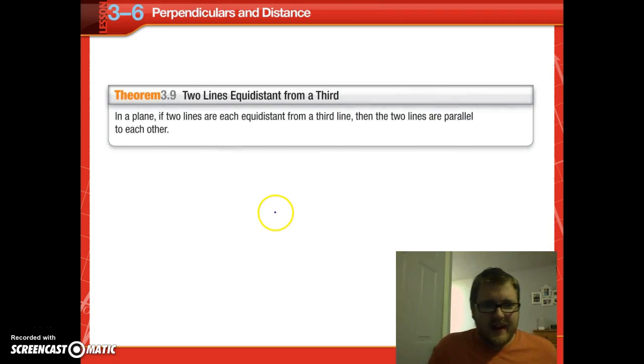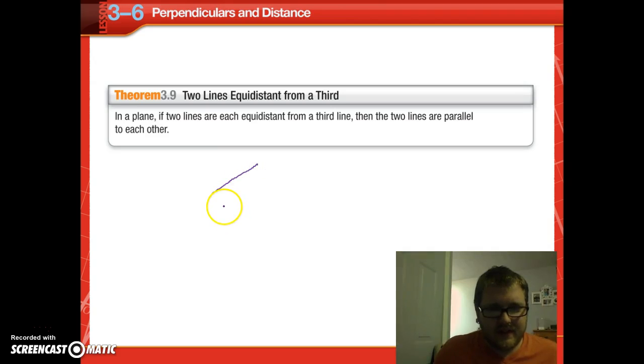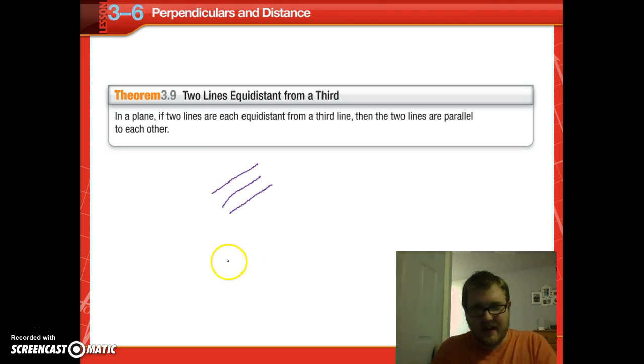So Theorem 3.9 tells us in a plane, if two lines are each equidistant from a third line, then the two lines are parallel. So if we have two lines that are equidistant from a third line, then these two lines have to be parallel, because if they aren't, then you're going to have some crisscrossing going on.